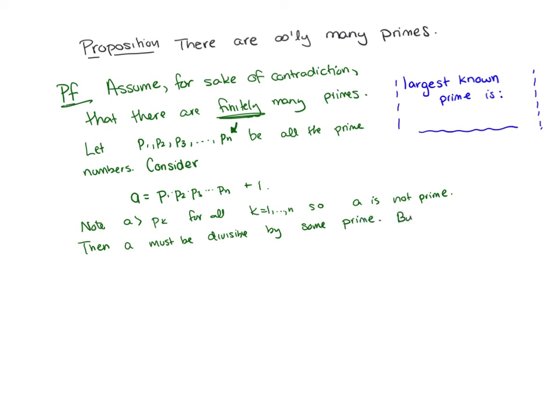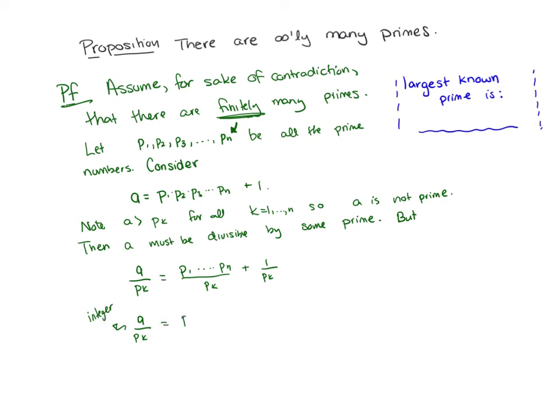But if I consider A divided by some pk, that's going to equal P1 all the way down to Pn divided by pk, plus 1 divided by pk. So A divided by pk, we know that this is some integer.